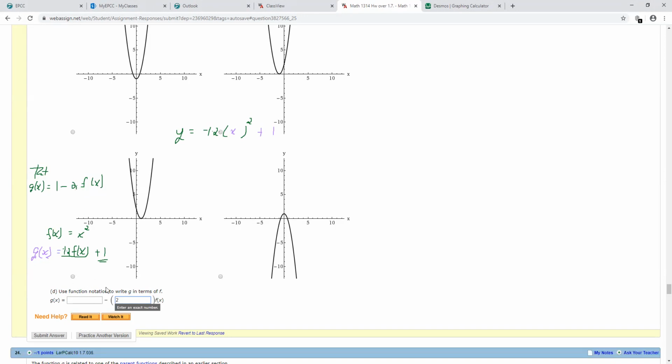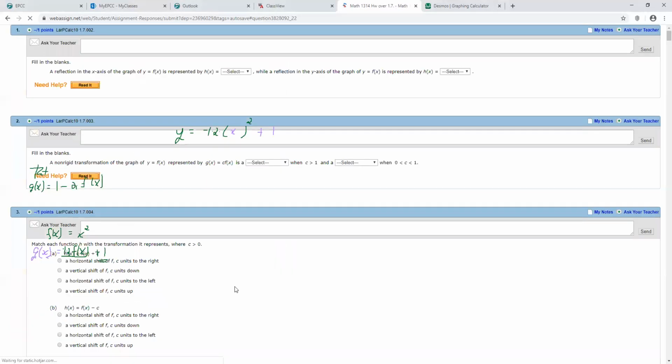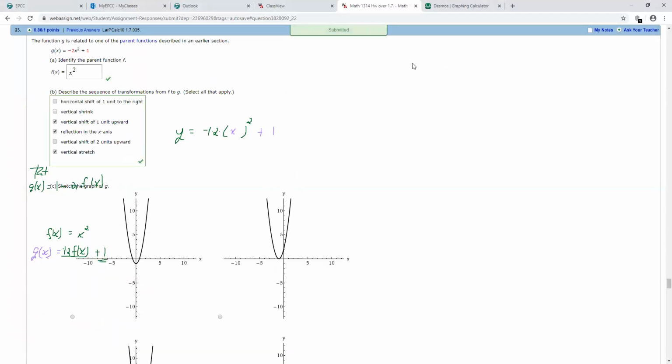Yeah. So minus, which really means -1 times what's in front of f of x, a times -2, and then what's in front of that? 1. The 1. And let's check that so far. And clear this away.